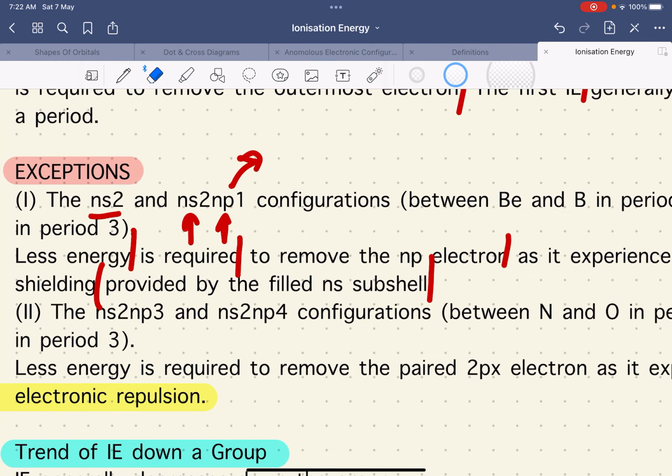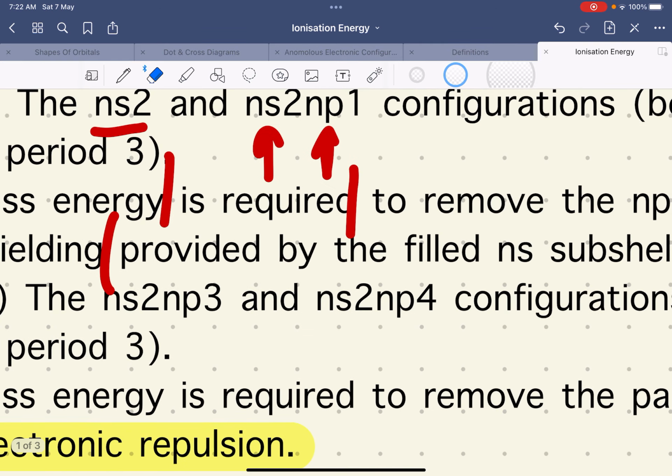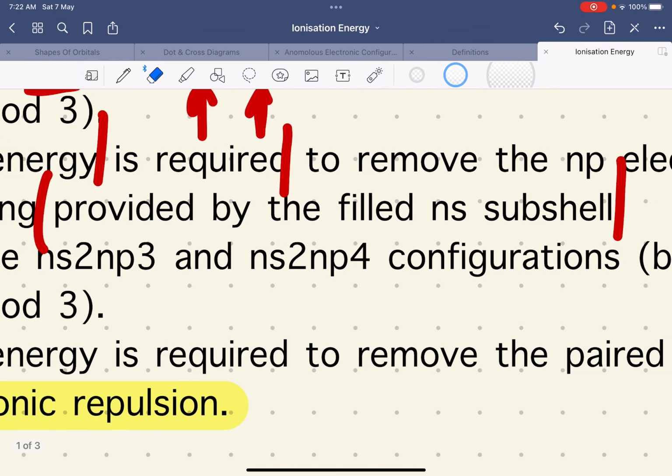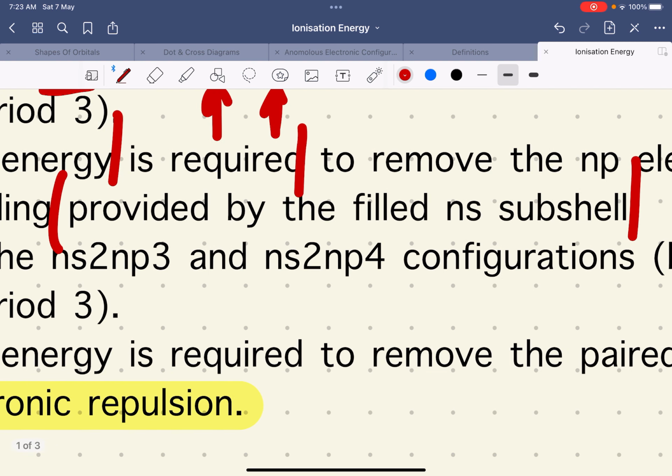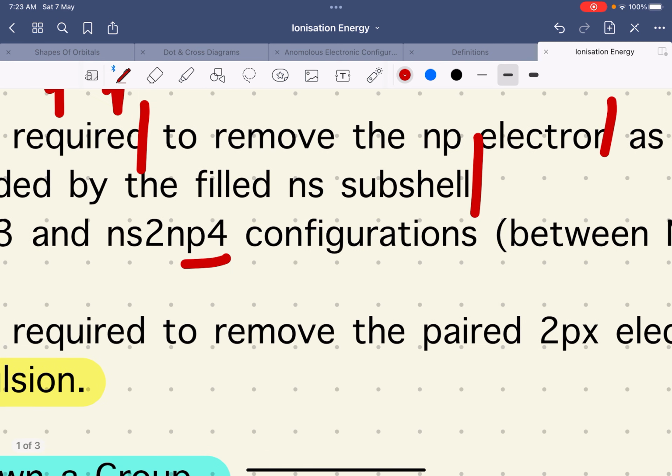Then let's talk about ns2np3 and ns2np4. What does this mean? You basically write out the equation, and you will end at the np, something like px, py, pz. You need to change the p3 to 1px, 1py, and 1pz.